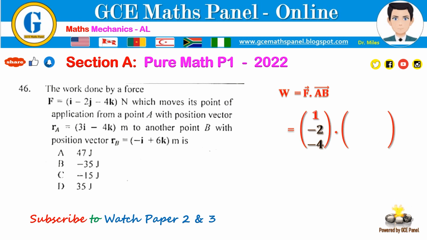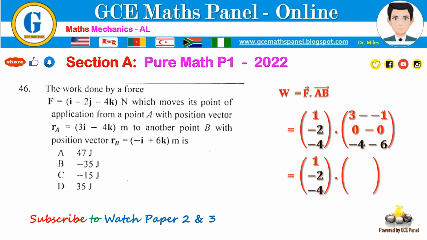Okay. So this is going to give us 1 dot dot dot. So when we do this dot product, we are going to have 1 minus 2 minus 4 times all of that.